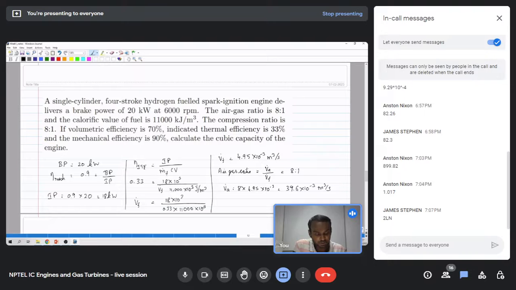Now we know this much of air and fuel has to be given into the engine, so that we get the target brake power of 20 kilowatt at 6000 rpm.